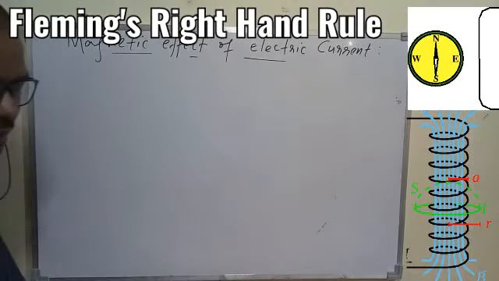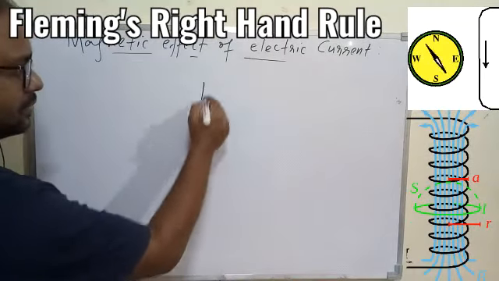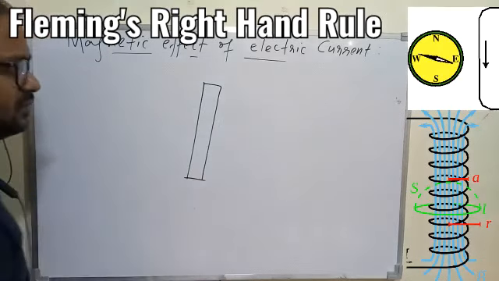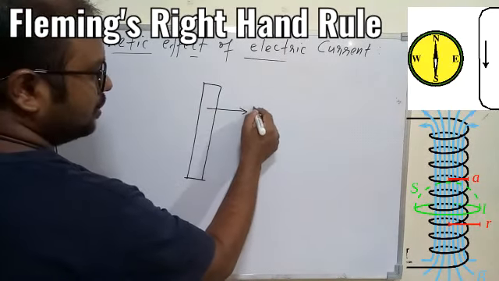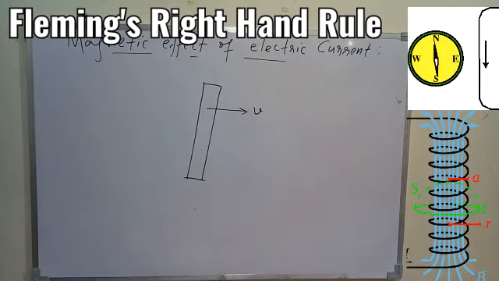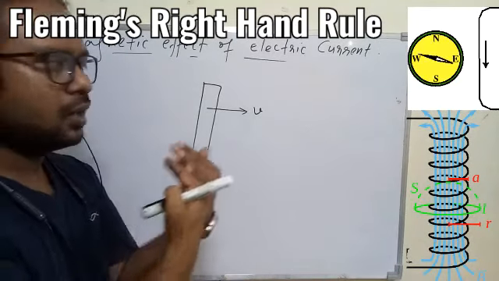Overall the concept we have is, we have a straight conductor, and this straight conductor is moving in a particular direction, with velocity.